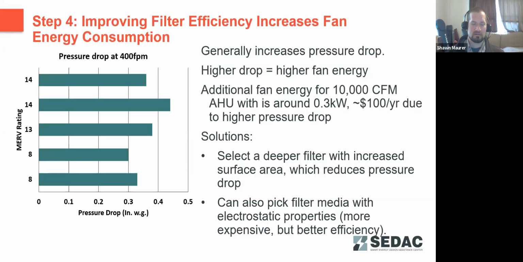But as I noted, improving your filtration rate in the building is going to increase the fan energy consumption, or if your fan is a constant speed fan, it's going to reduce the airflow rate that that fan can produce. The additional fan energy that you could expect, we picked just kind of a round number here as an example, about a 10,000 CFM fan. You could expect that fan energy to increase by about a third of a kilowatt.